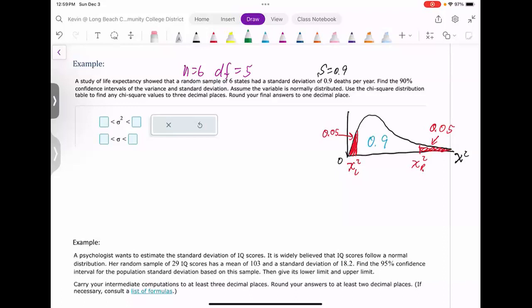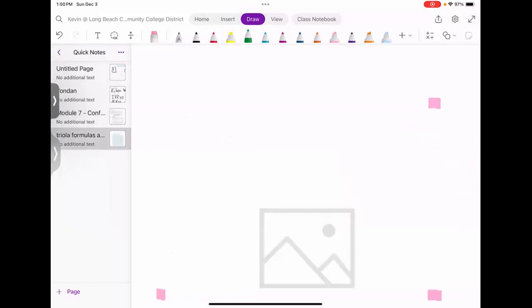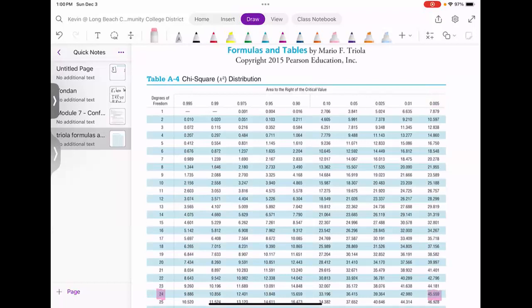So once again, for this first one, this is going to be 0.9 area to the left plus 0.05, which is 0.95. So 0.95 with degrees of freedom of 5. Go back to my table. We are now here and 0.95 here, which brings us to 1.145.